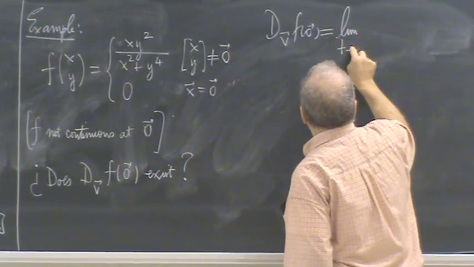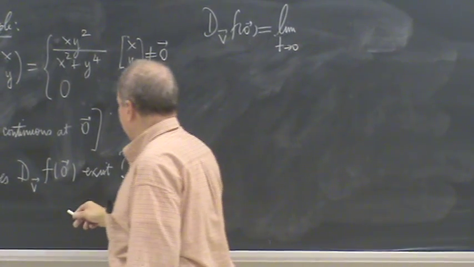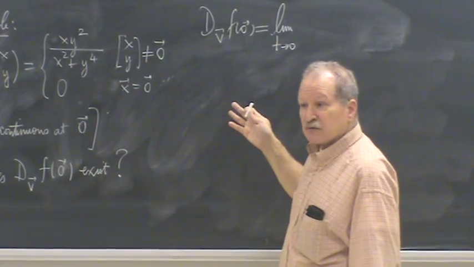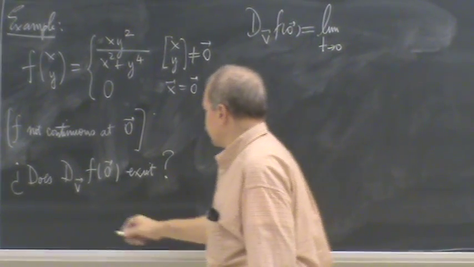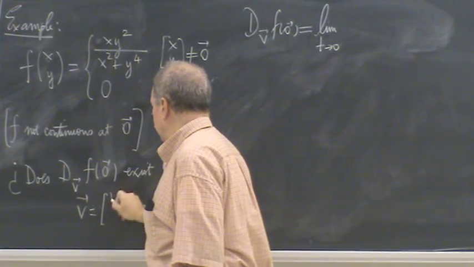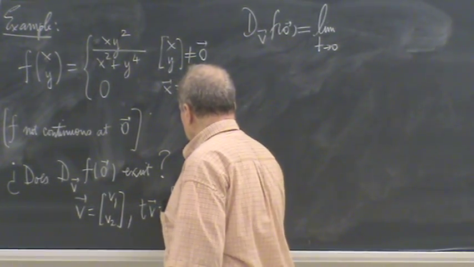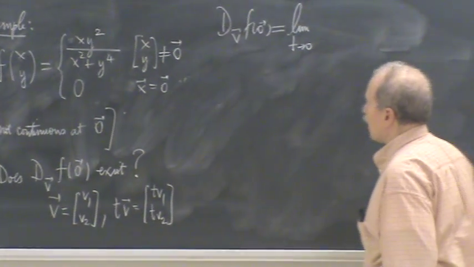Here we go again. So I'm going to do f at 0 plus tv. If you let v be v1, v2, then tv obviously is going to be tv1, tv2. And I'm going to have what?